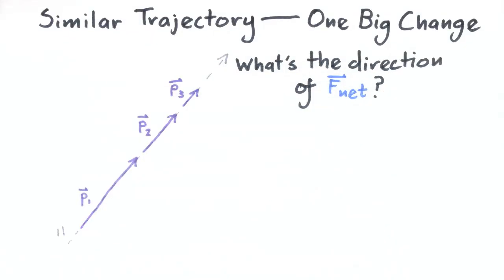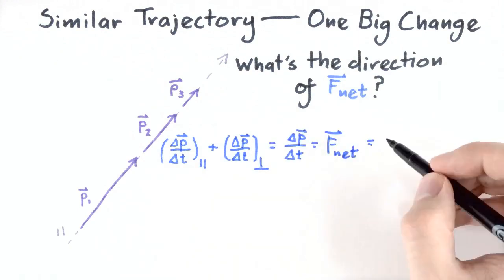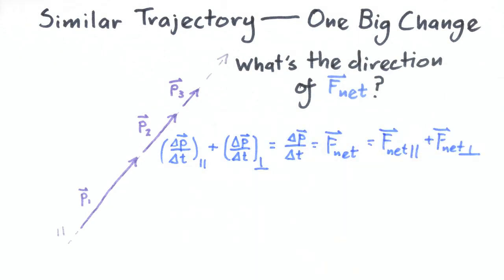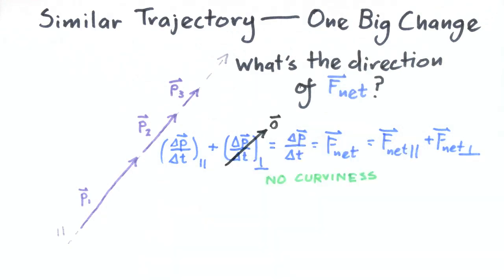To find the correct answer here, we can do that by following the same reasoning as before, starting with looking at the effects. Since the particle's path is straight, no curviness, then we know delta p over delta t perpendicular is 0 for the reasons we just discussed, and therefore, by Newton's second law, F net perpendicular is 0.